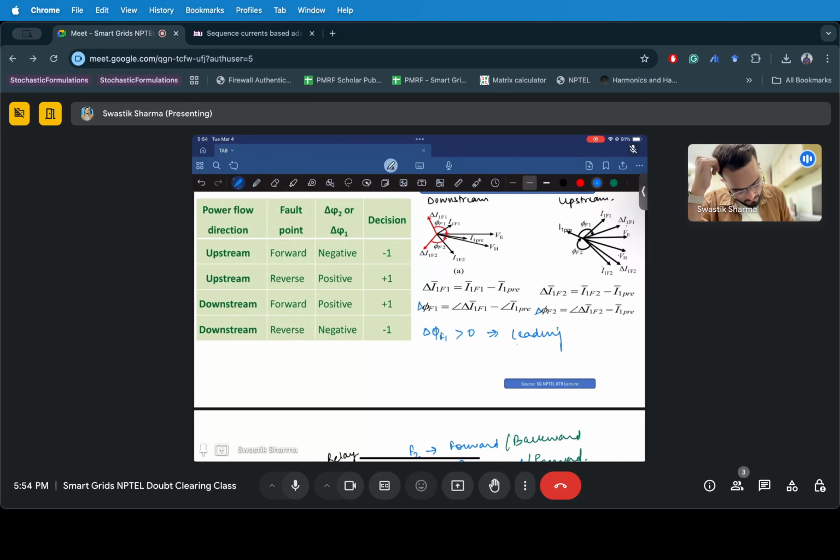It's leading pre-fault current. It's lagging, right?